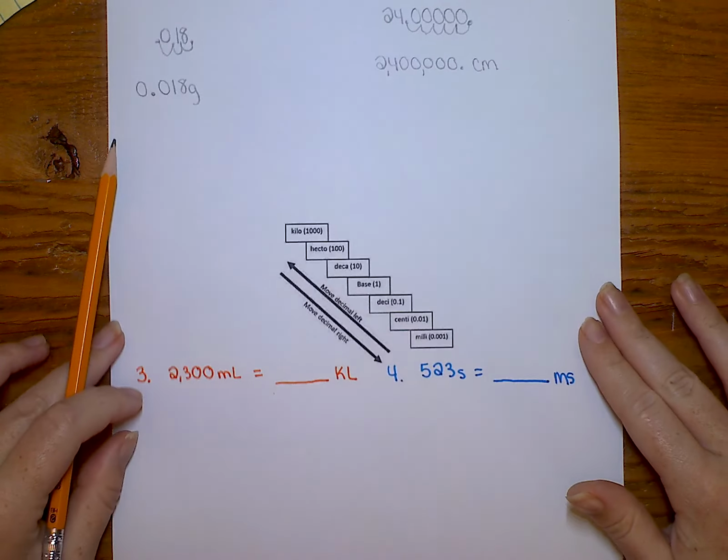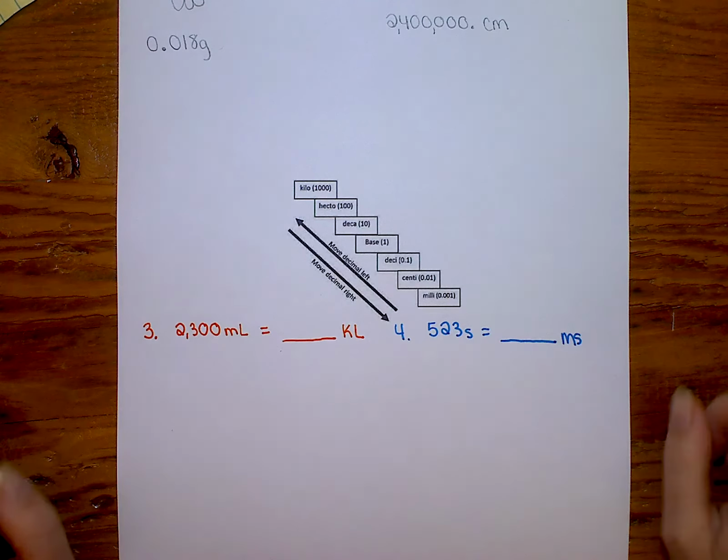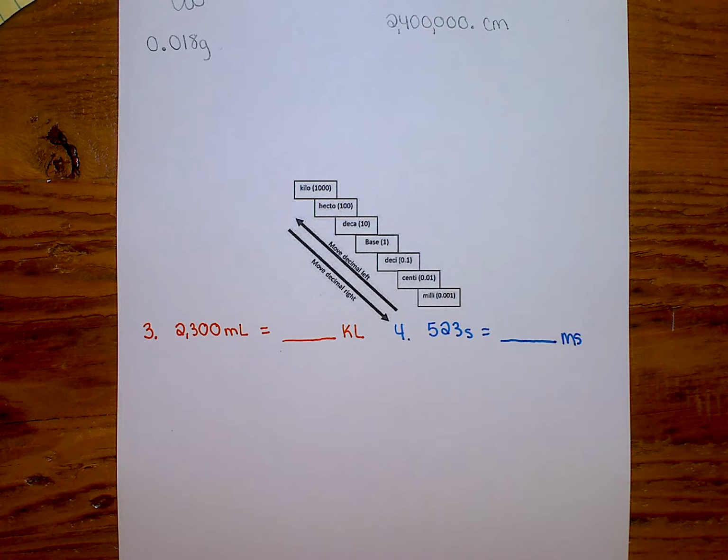Let's do problem number 3. Basically what we're doing by adding the zeros, either in front of or behind our original number, is we're either multiplying or dividing by a certain power of ten. So let's start.